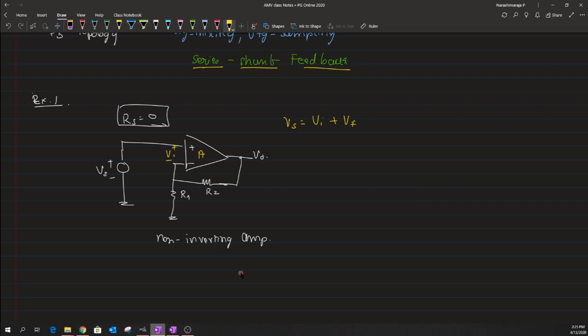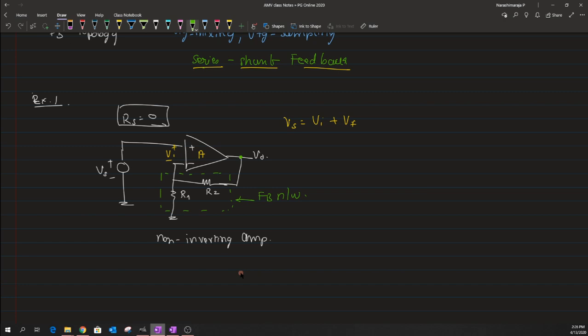Now let us identify where exactly our feedback network lies. Clearly we can see that the combination of R1 and R2 creates this feedback network, and the input of this feedback network is basically trying to sample a voltage with respect to the ground, right.